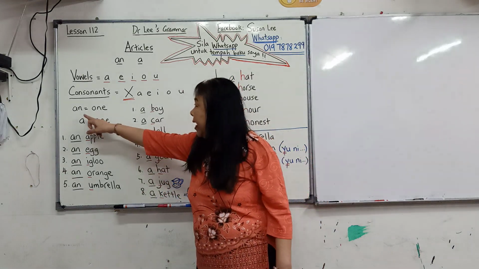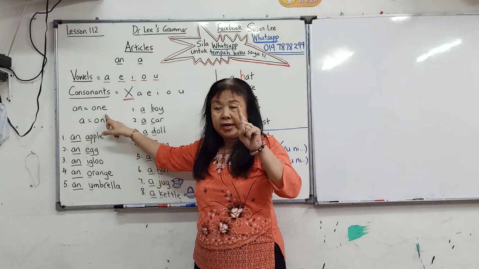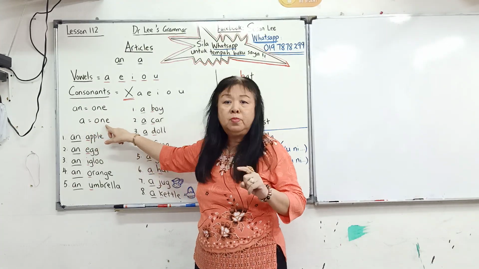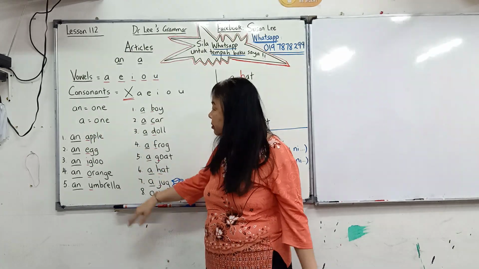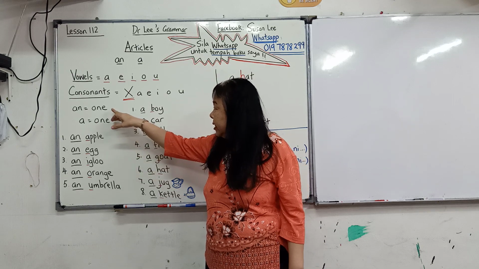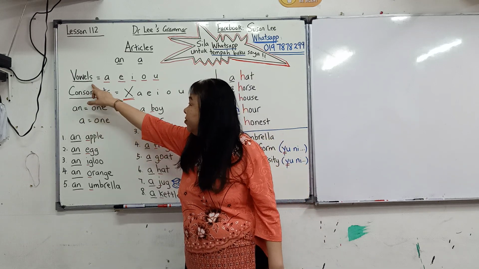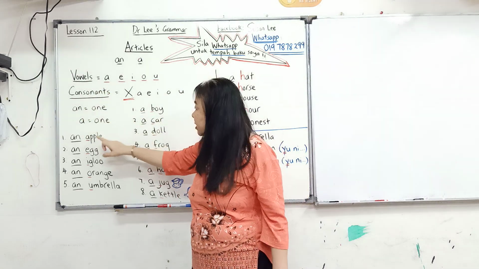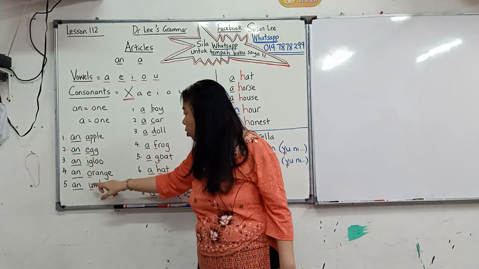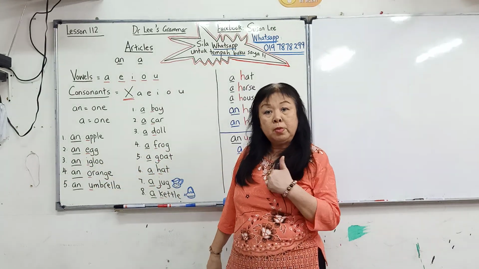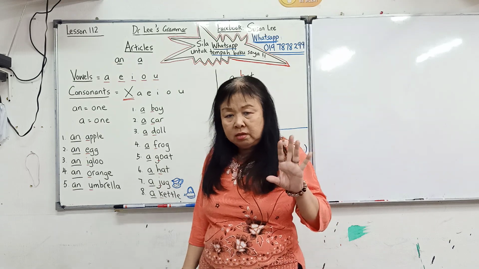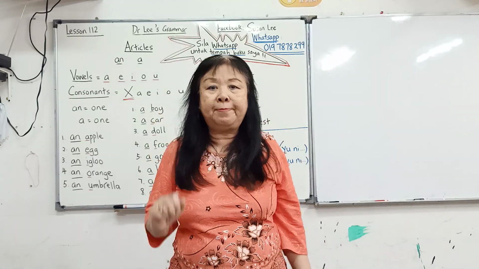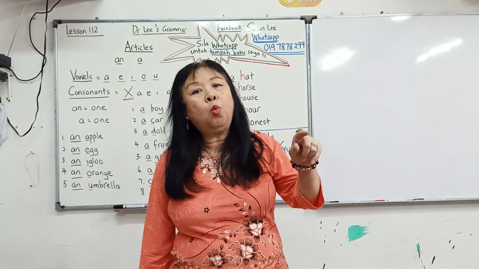Now, "a" and "an" mean one. "An" is used for vowels. That means A, E, I, O, U. So in English we seldom tell people, I have 1 apple, I eat 1 egg.